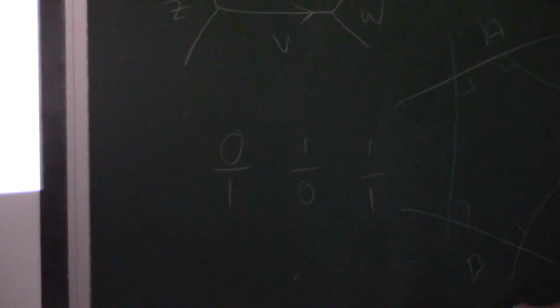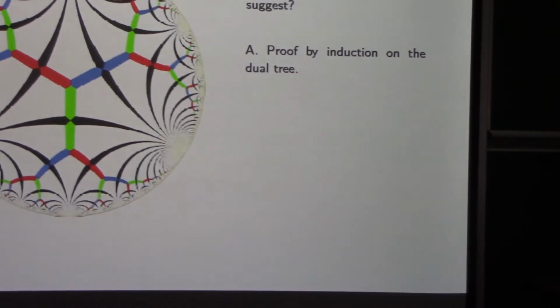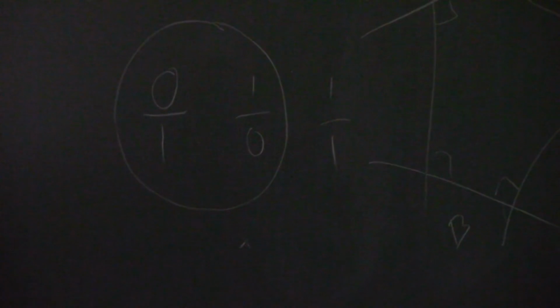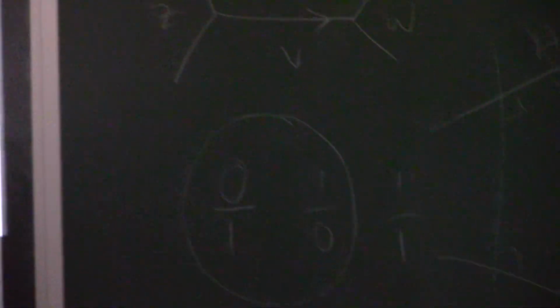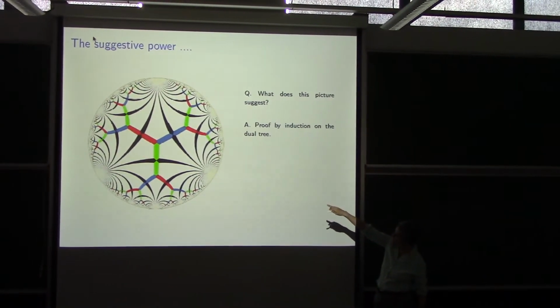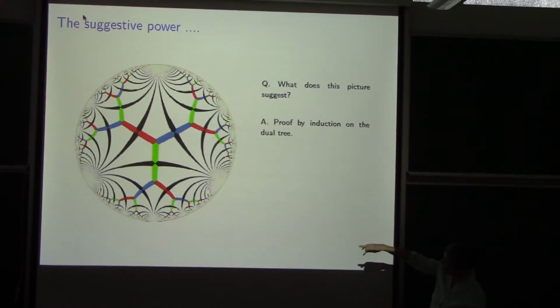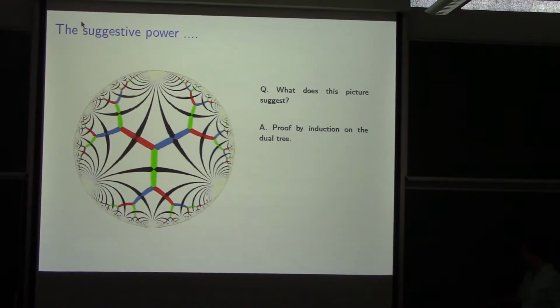But if you want to prove by induction this theorem on the tree, then you want it to be so that every time these two guys of this type are adjacent along an edge, you would like the edge to be a constant colour, right? That seems natural. And if you do it that way, in this picture, the cyclic order of colours around the vertices is constant.